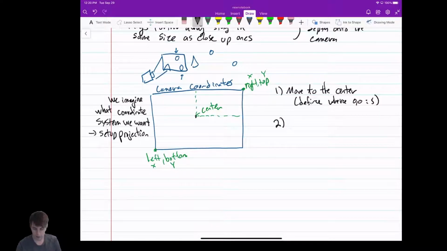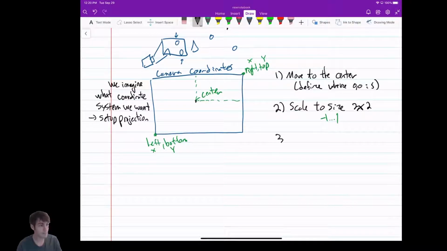Two, we scale to the size of 2 by 2. The current scale is from left to right, right minus left. But I need to go to normalized device coordinates, which goes from -1 to 1. That's a range of 2. So that's my new scale, and I need to scale whatever I have down so that it fits in that space.